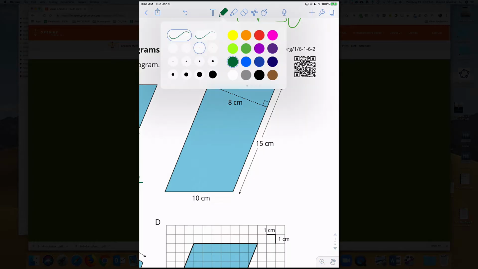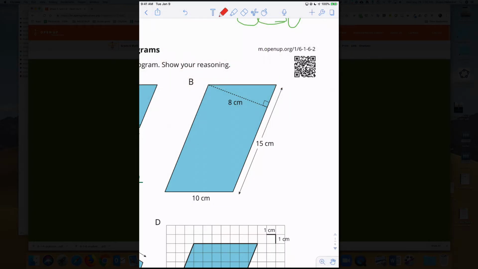So where is our base and corresponding height? We need to find it. Well, if this was the base, then the height needs to be perpendicular. We learned that from our previous lesson. And I don't see a value for this green height. So we definitely know that it can't be the 10, which is the base. So maybe it's the 15.